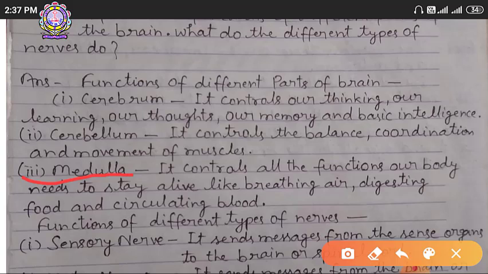It controls all the functions of our body needed to stay alive, like breathing air, digesting food, and circulating blood. These are the functions of medulla.